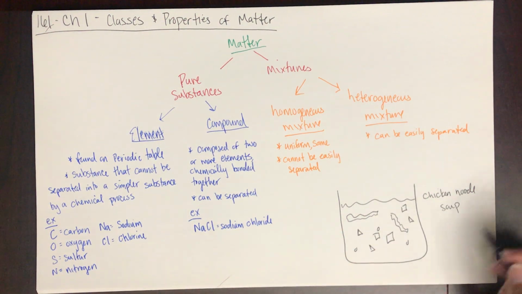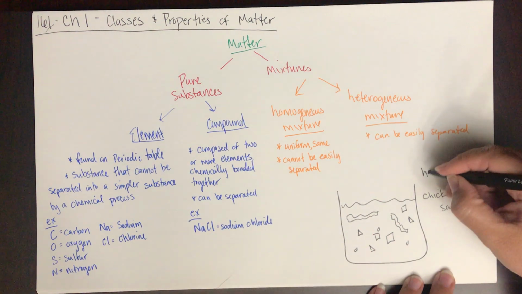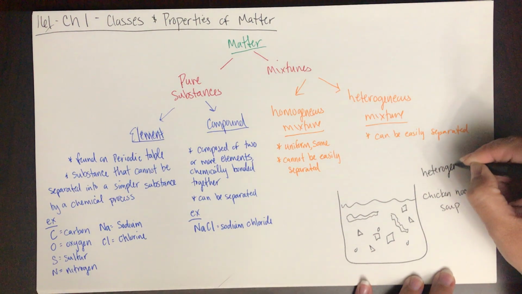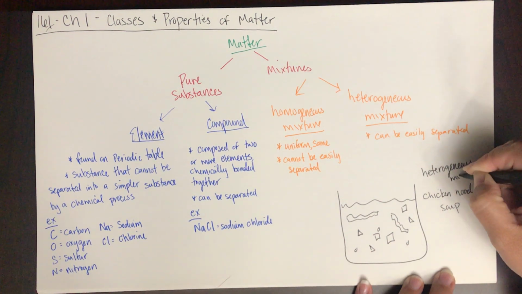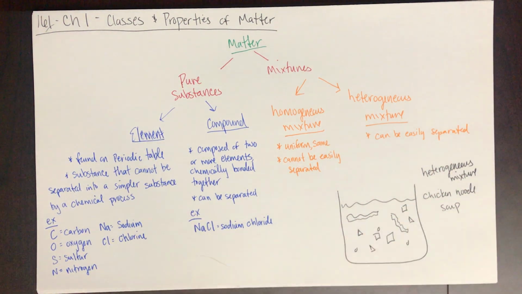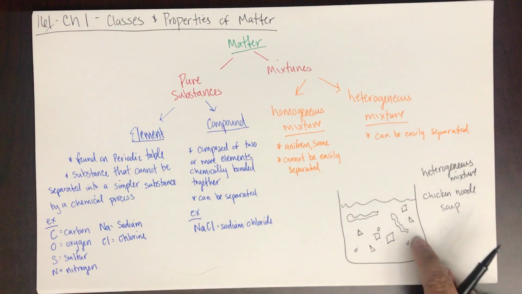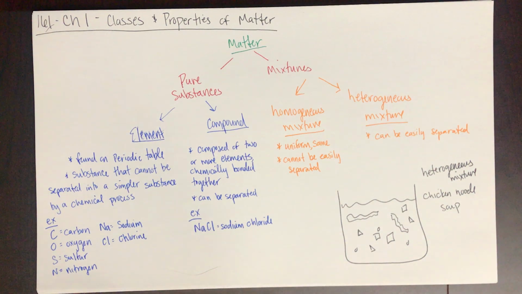This whole thing together would be a heterogeneous mixture, because it's made up of things that you could easily separate. You could easily separate all the chicken, all the carrots, all the peas, all the noodles, and then what you would have left is the broth.